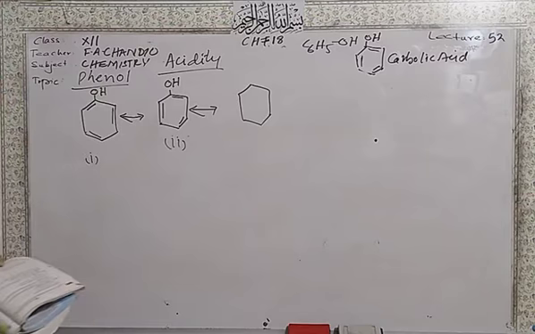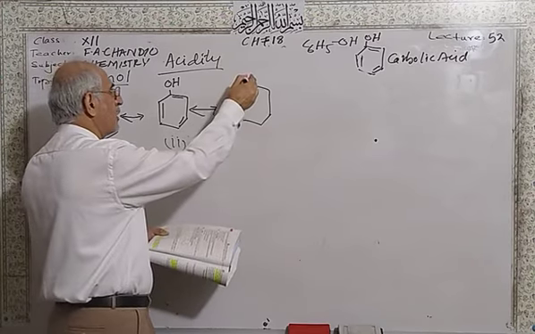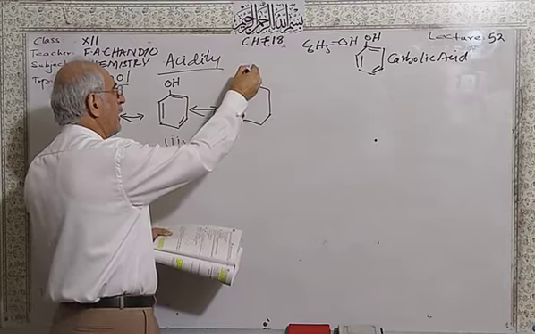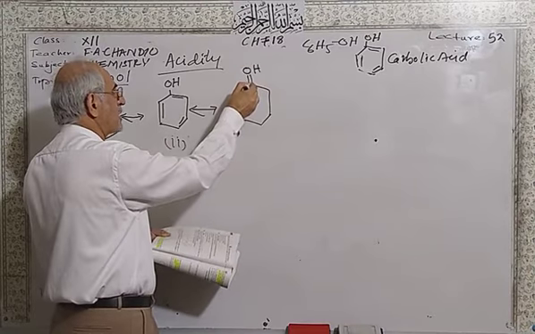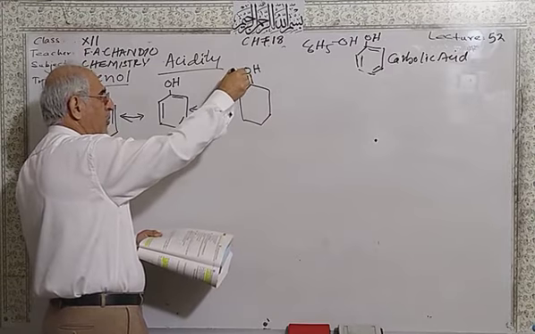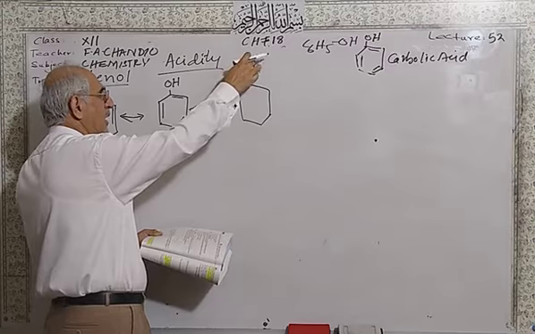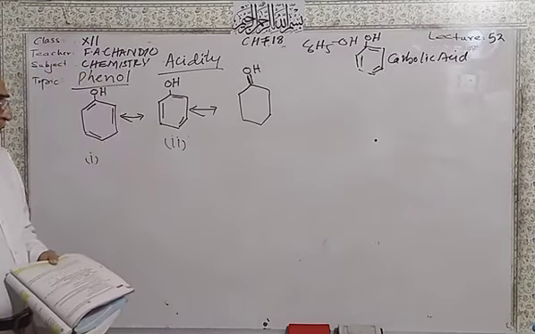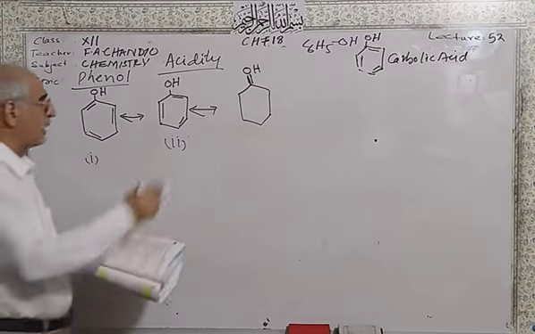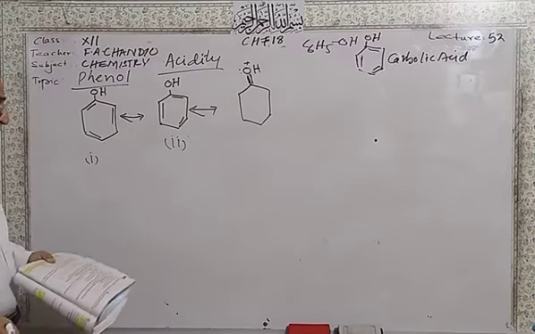Now students, when I shift the double bond here, this is a carbon and this carbon has a double covalent bond, and there is a bond between oxygen and hydrogen. So the valency of oxygen is going to be increased, so a positive charge is created and there is a lone pair.